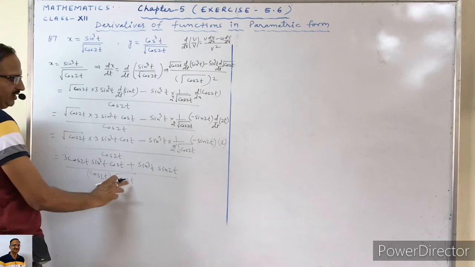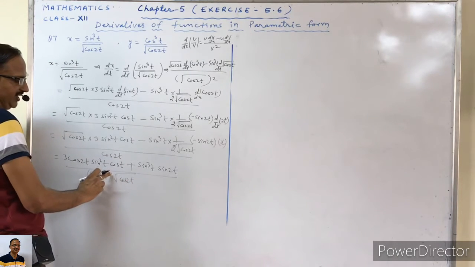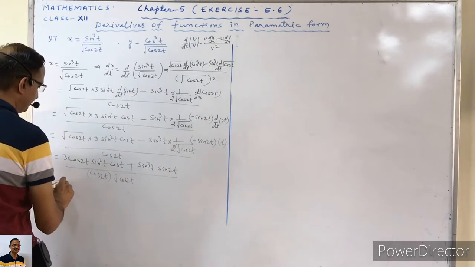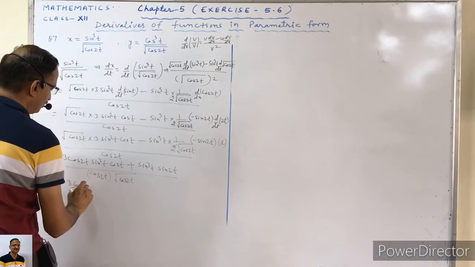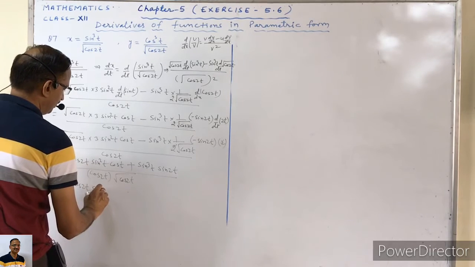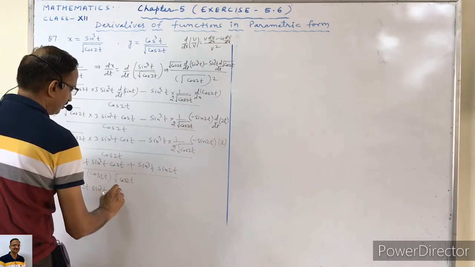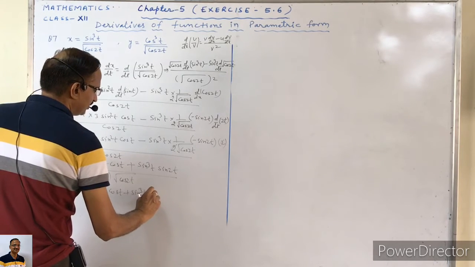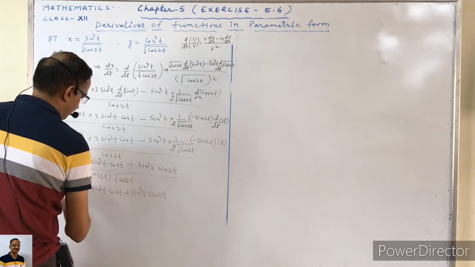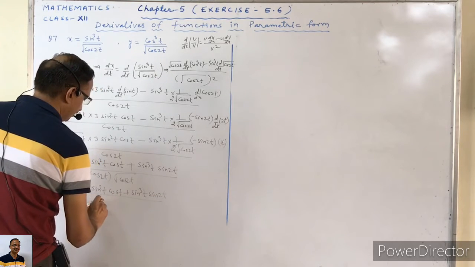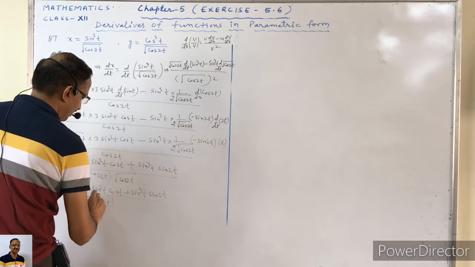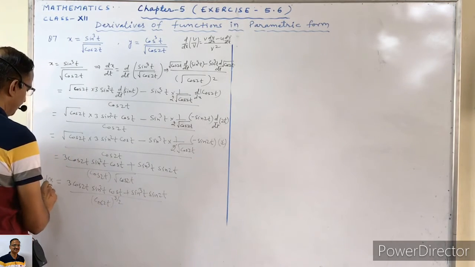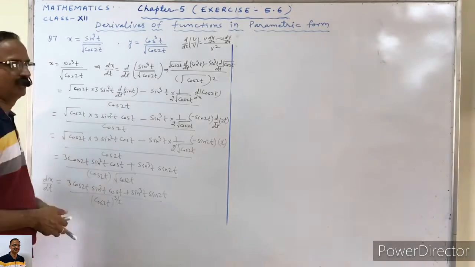Look at these two, the bases are the same, so the powers are added. So 1 and half becomes 3 by 2. We can write this as 3 cos 2t sin²t cos t plus sin³t sin 2t, and in the denominator we have cos 2t raised to the power 3 by 2. So this is the value of dx by dt.